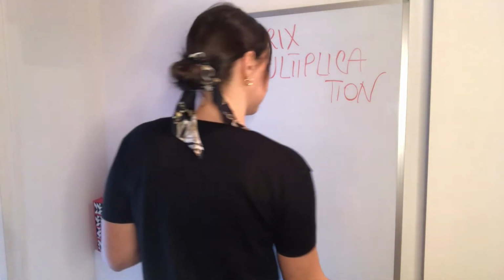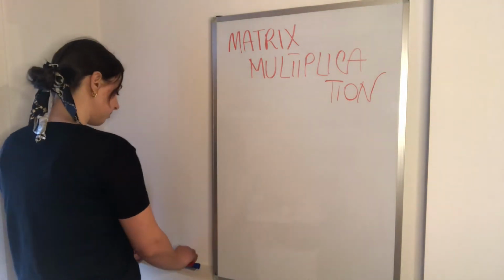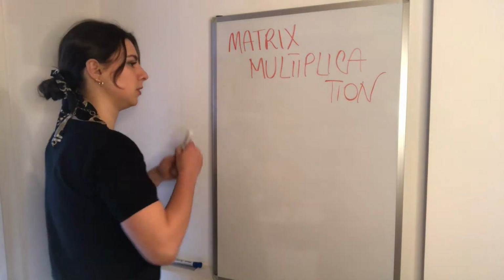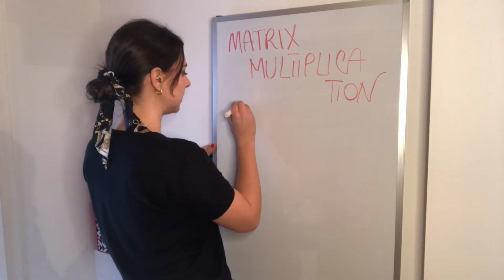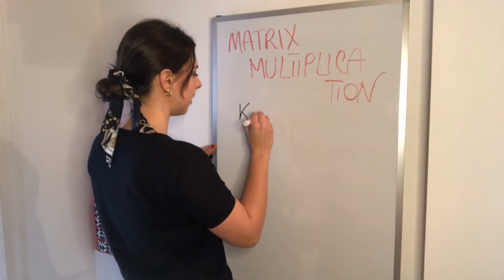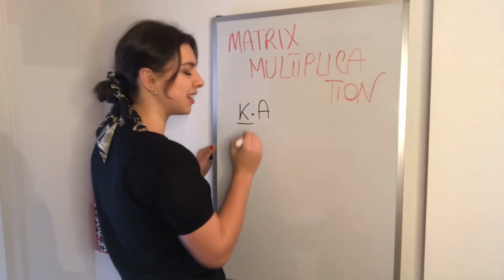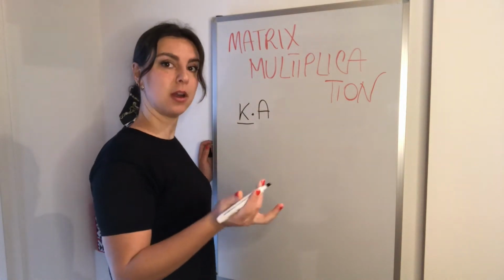We have that in scalar multiplication, given a matrix A, we can write it like this, where K is a scalar, a number.